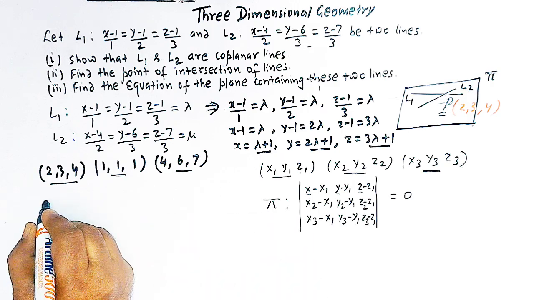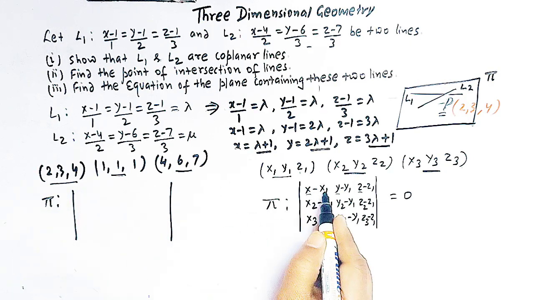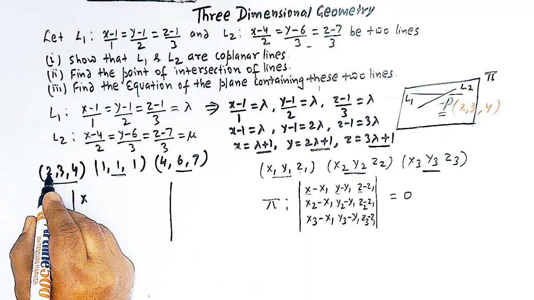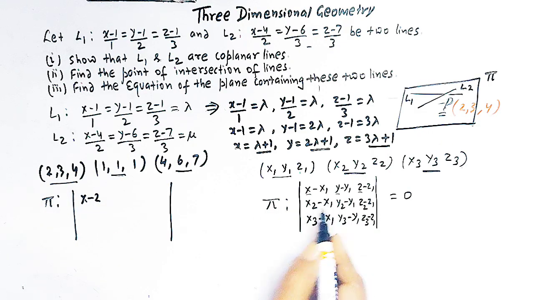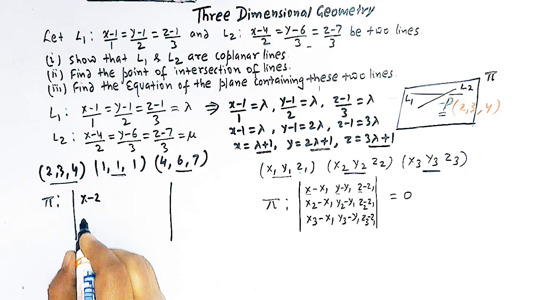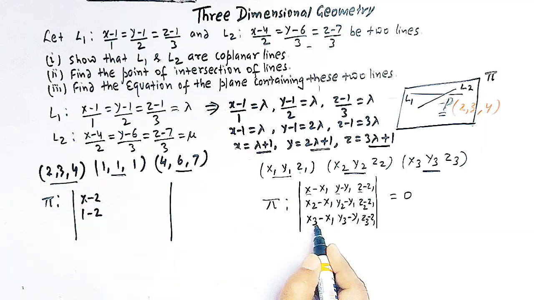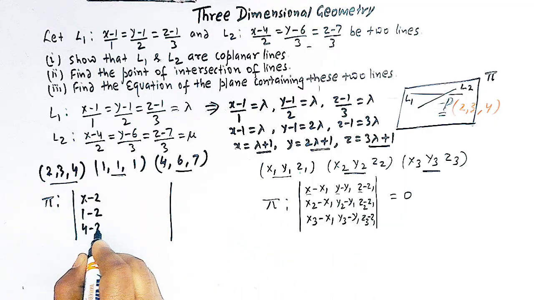So the equation of the plane is x minus x1, so x1 is 2, so we have x minus 2, then x2 minus x1, so 1 minus 2, then x3 minus x1, that is 4 minus 2, right?